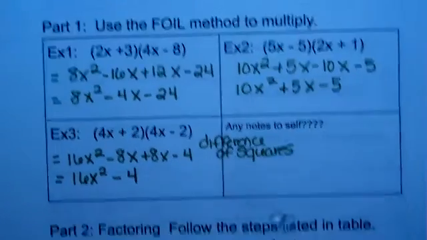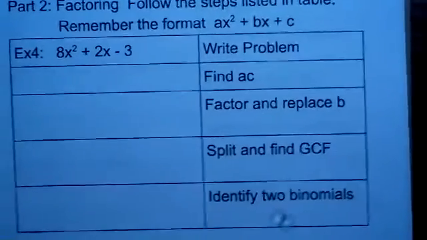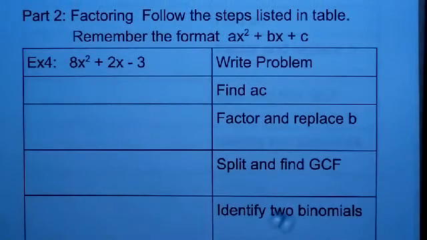Okay, now part 2 is dealing with the factoring. So we're going to use the same 4 steps that we used in our notes on part 2 of polynomials. Again, we're just going to have to focus on some negatives and minuses that we didn't have last time. Okay, because in part 2, all of our numbers were positives and pluses.